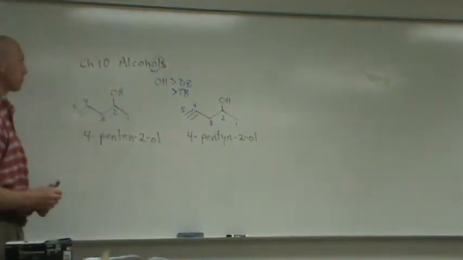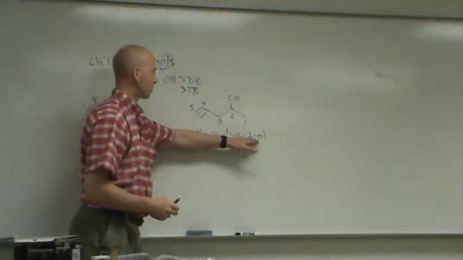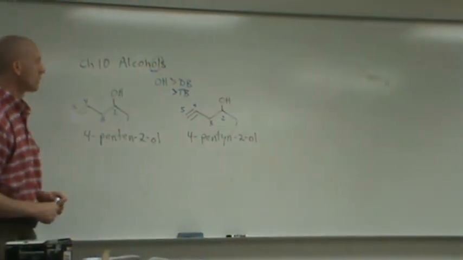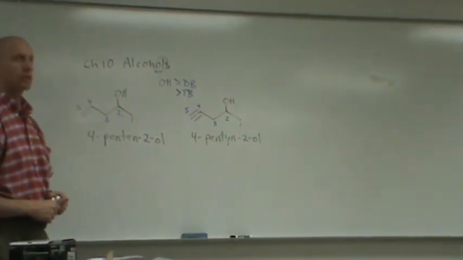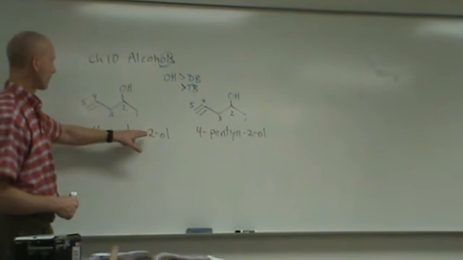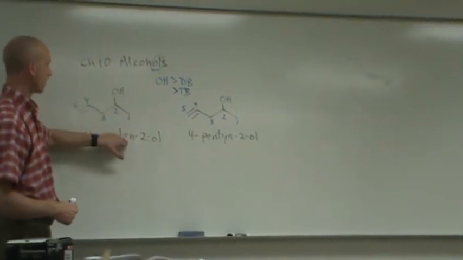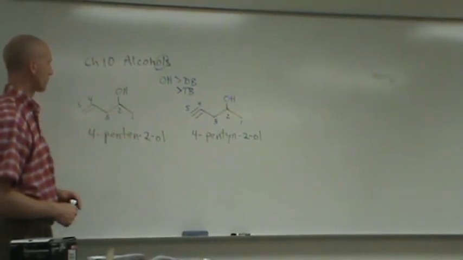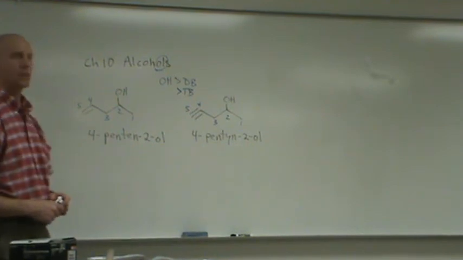So here I get 4-pentyn-2-ol. Any questions on that? So the triple bond is YN and the double bond is EN. Okay, any others?